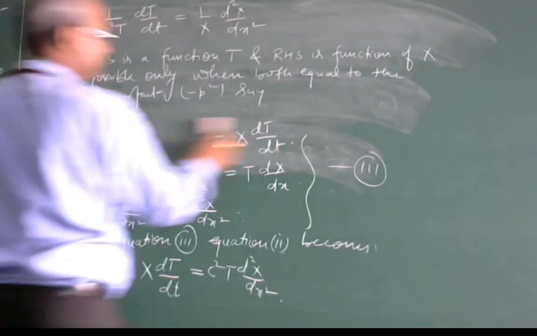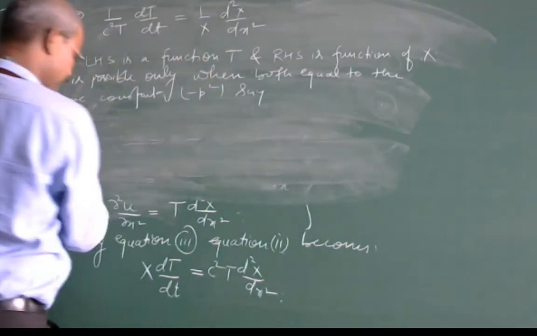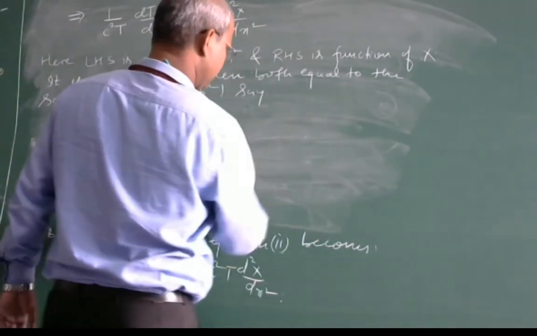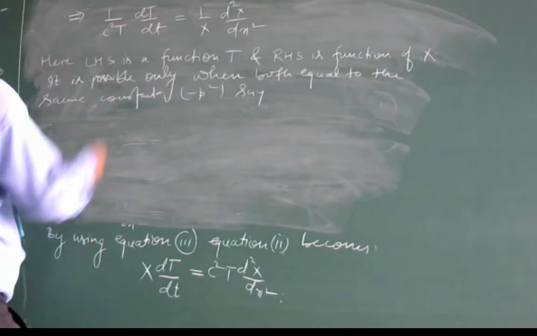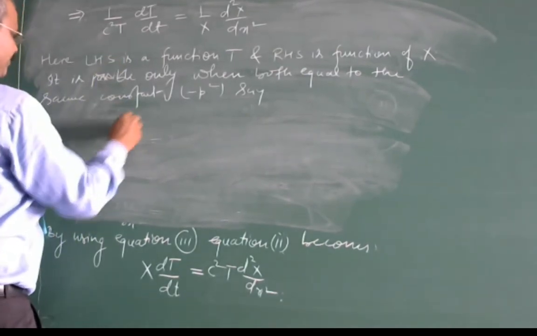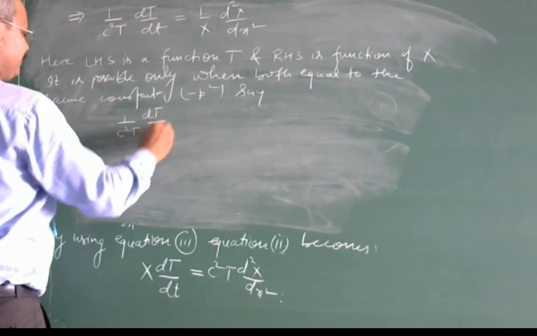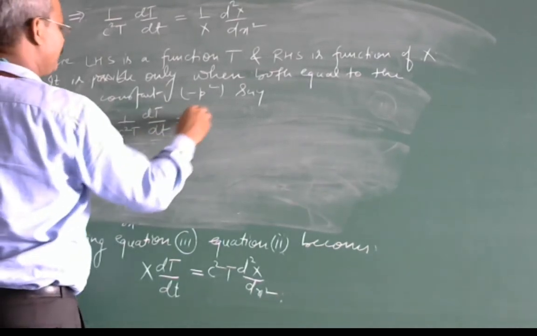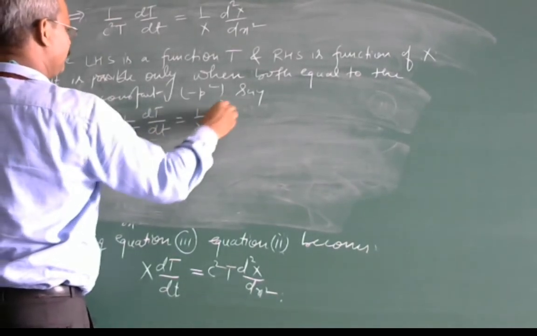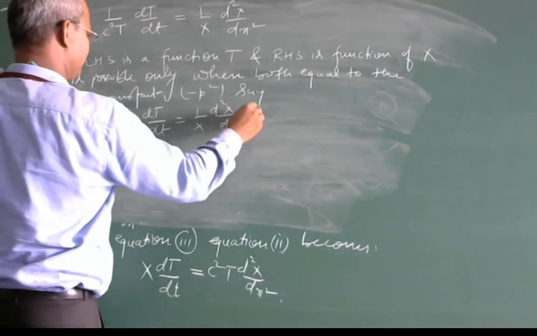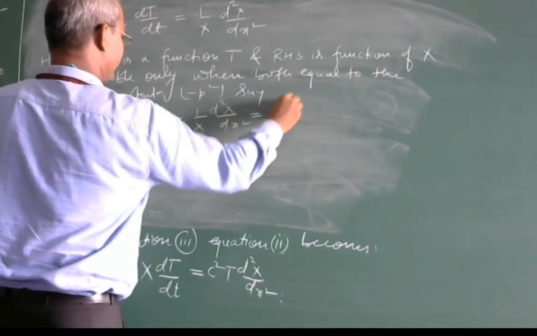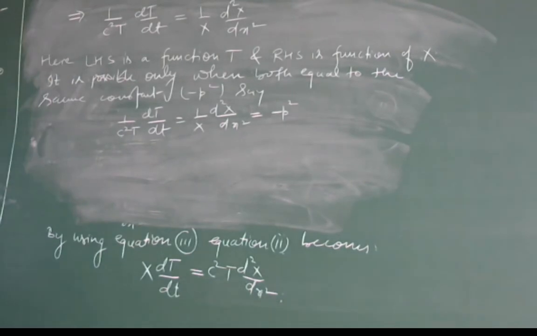So now it can be 1 upon c square T dT by dt equal to 1 upon X d2X by dx square equal to minus p square. Okay, students?